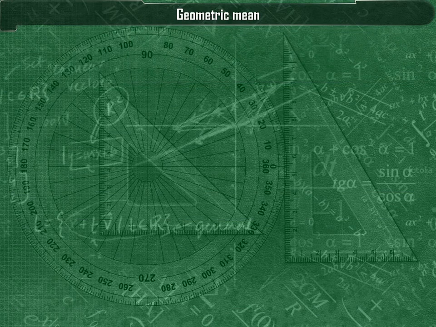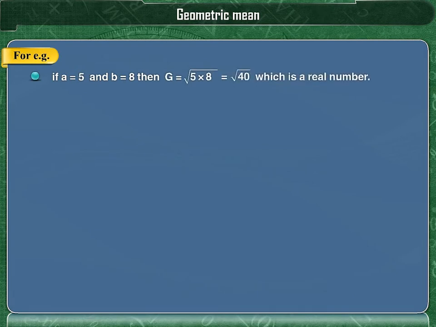If a is 5 and b is 8, then its geometric mean g is square root of 40, which is a real number. If a is minus 3 and b is minus 4, then its geometric mean g is square root of minus 3 into minus 4, which is square root of 12, which is also a real number.